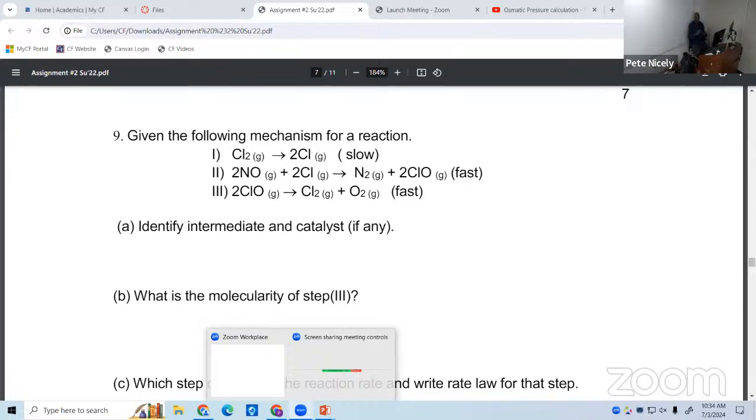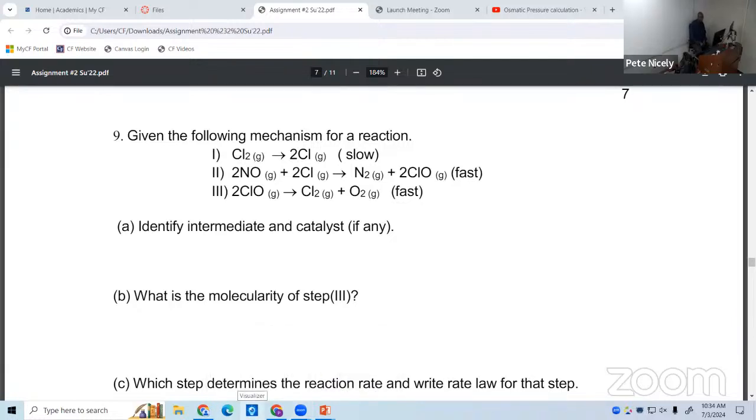So they're kind of opposite, right? So just to recap, just to make sure we're all on the same page, an intermediate is a substance that is produced in one step and then used up in a subsequent step, while a catalyst is one that is used up in an earlier step and then produced in a subsequent step, all right?